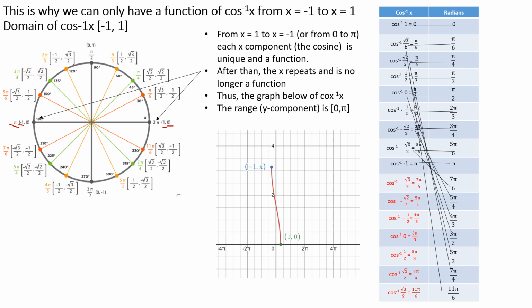You see this here, it goes halfway around, but not quite, because it can't be exactly at that point. But if I have a defined boundary here where the lower limit is negative 1, pi and 1, 0, which is from 2 pi to pi, or 0 to pi on the circle, it is a function, but only within certain upper and lower boundaries.